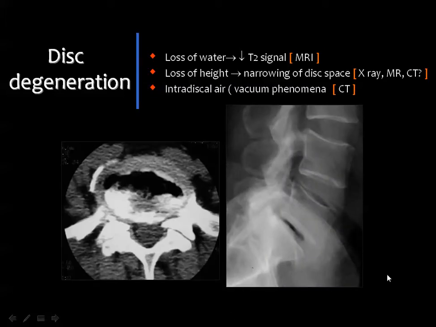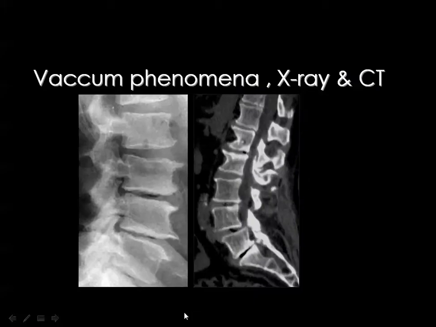Then the development of intradiscal air, which is known as vacuum phenomenon, means that there is advanced degeneration. This can be seen by the plain X-ray, and it can also be seen by MRI and CT. As you can see here, the air is well appreciated by CT, especially if it is small, like this one, and you see a minute air loculus in this disc space.